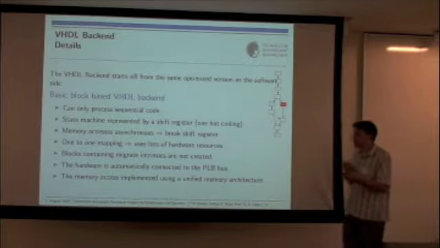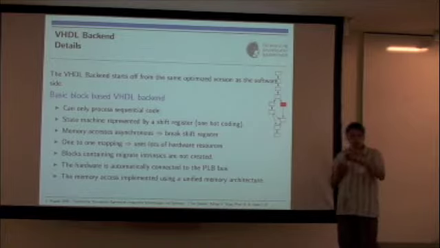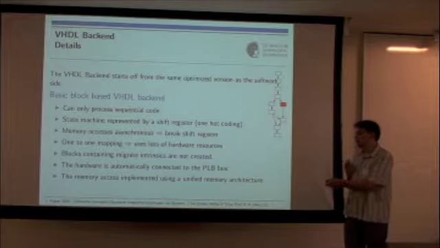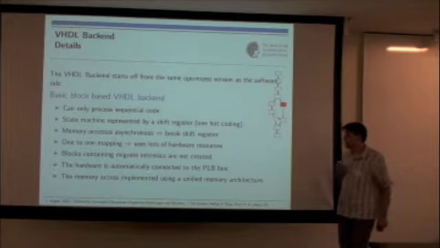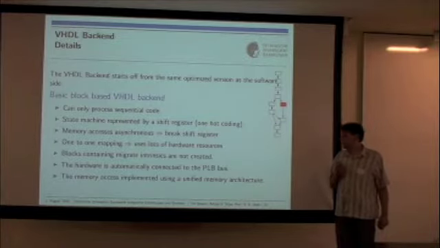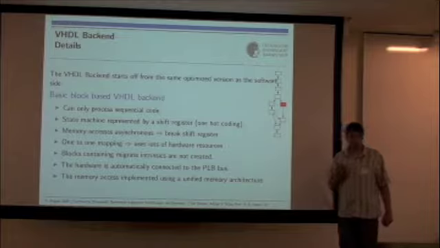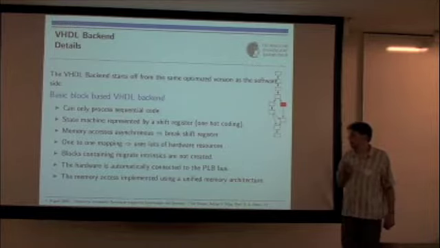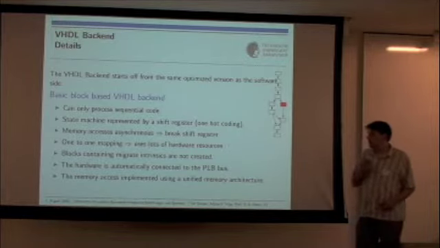This is different to the software part, where the whole stuff is created. Here, we leave away the stuff running in software. The hardware itself is automatically connected to the PLB bus. This is a bus used by the Xilinx tools and enables a unified memory access.